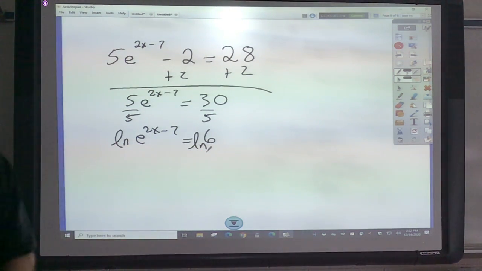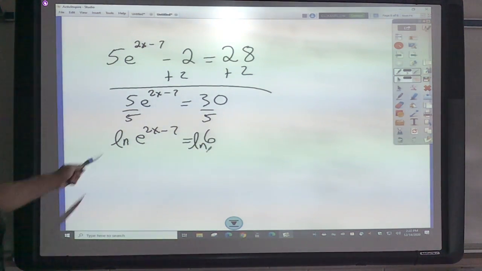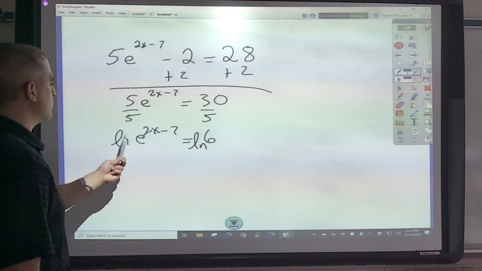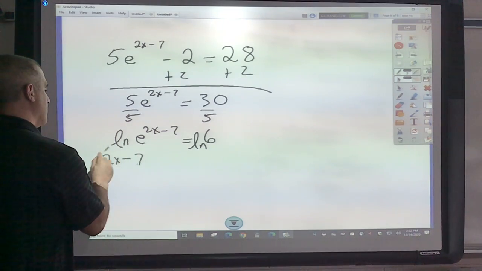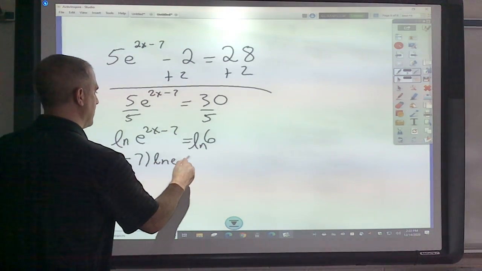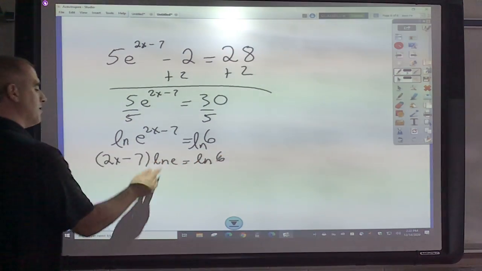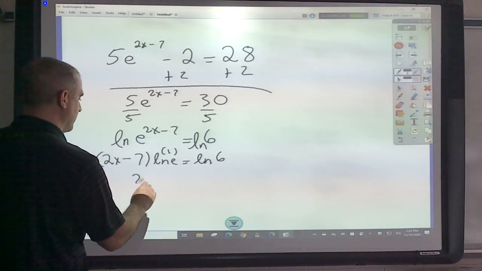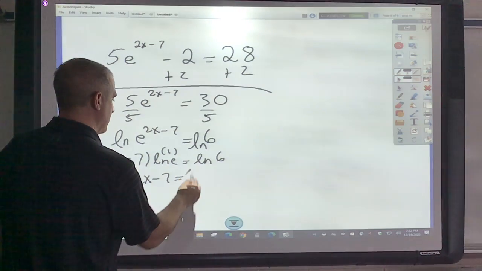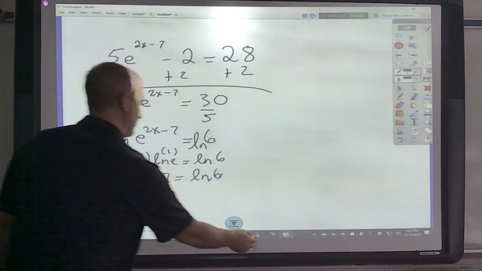The reason why is, remember, we learned that the natural log of e, this exponent would come in front, and then this would be natural log of e. And in our properties, we learned that this is just 1, so it goes away basically. So that's 2x minus 7 equaling the natural log of 6.